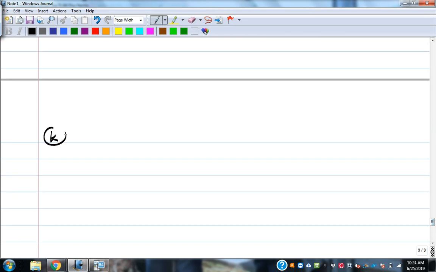Okay. Let's take this one. F of x, x to the third power plus 3x to the second power plus 3x plus 1. This one is a pretty interesting one.